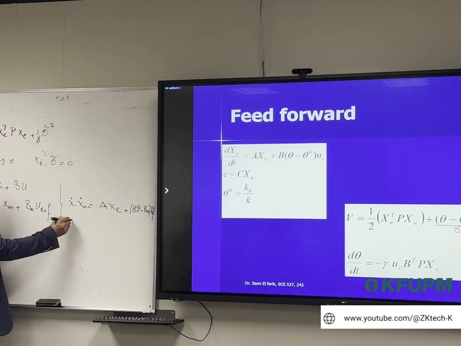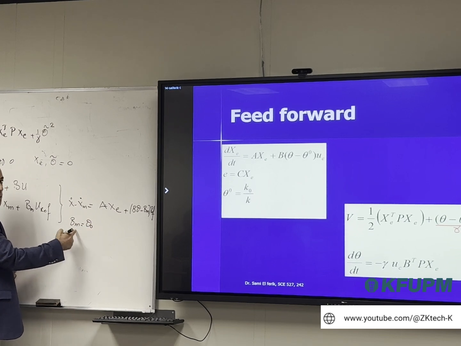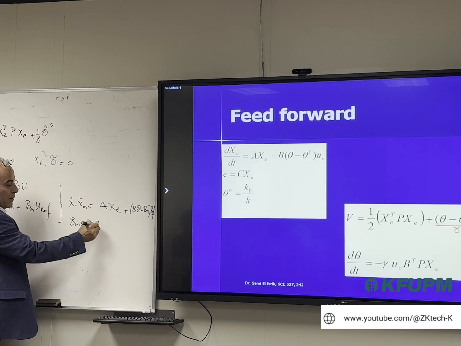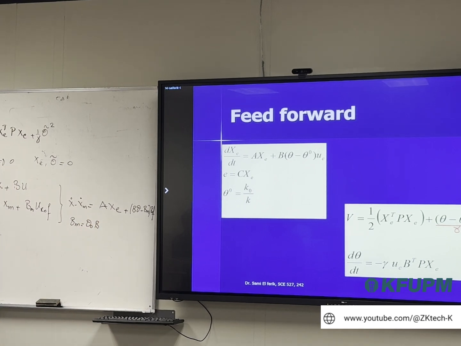Bm is in fact equal to theta 0, theta naught, something that I don't know, multiplied by B. This is what I'm assuming here. But the value of B, the gain in B, I don't know. So this is what I'm putting here.